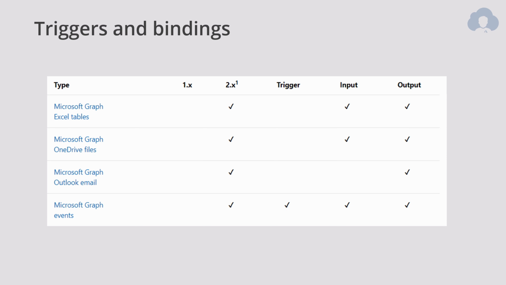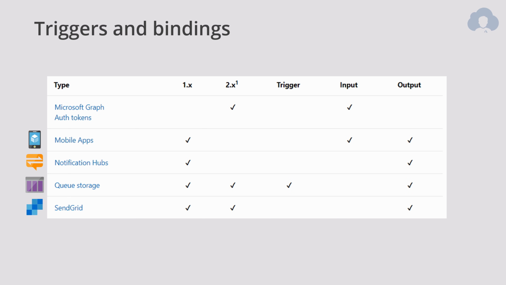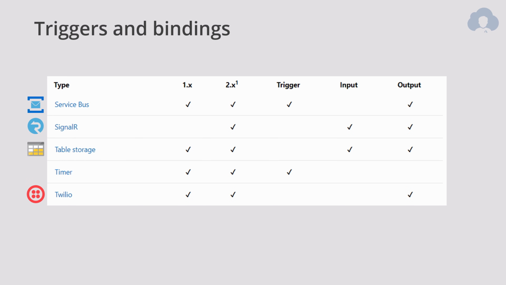So you have Excel tables, OneDrive files, Outlook email, some events from the graph. You have tokens, but also you have mobile app service, notification hubs, queue storage, SendGrid, service bus, SignalR, table storage, timer, which means you can actually do scheduled processing, and Twilio. So a lot of bindings for you to use and a lot of flexibility coming with them.